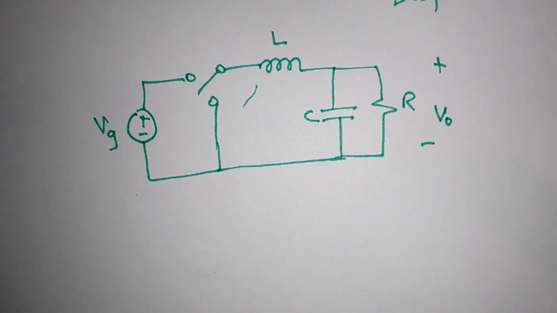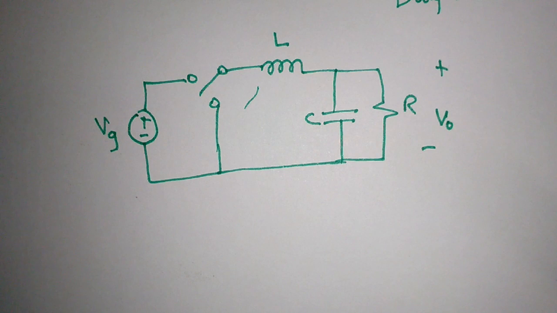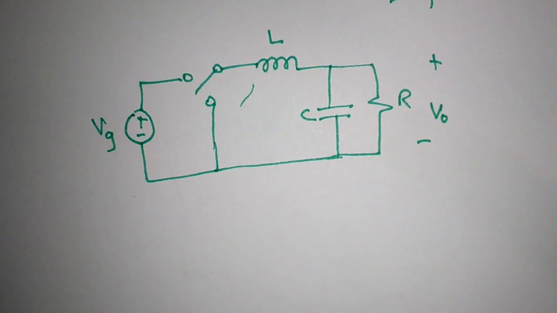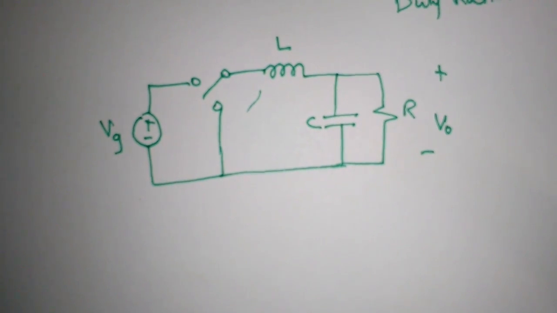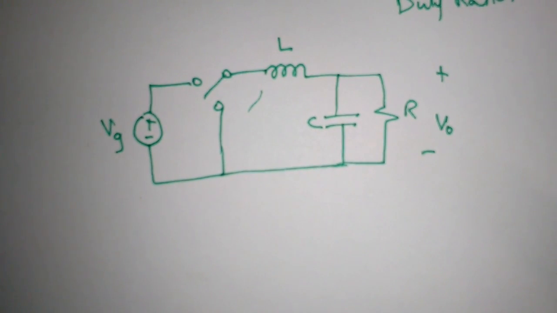So now the question is, how will it work? And in order to understand its working, we will do different analysis and we will see how does it change one form of voltage to another.